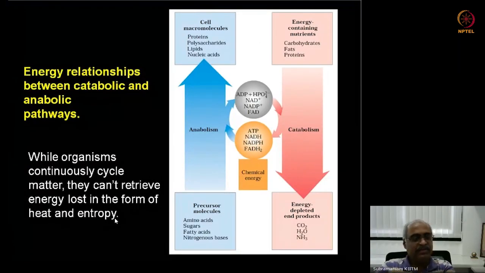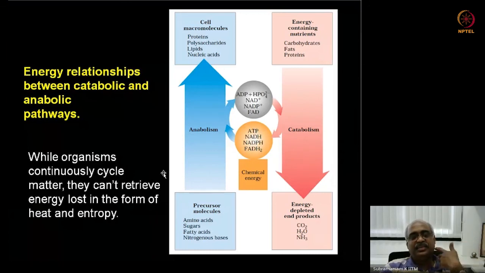So the next point we are going to consider before we break today is the energy relationship. Okay, it looks complex, but it's not that difficult. So here we are going to look at two important terms. One is called anabolism, another one is called catabolism. So these are the two different branches of metabolism.